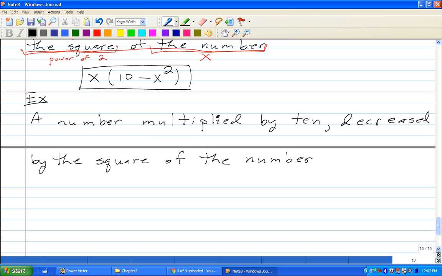And so this would be a number multiplied by 10 decreased by the square of that number.